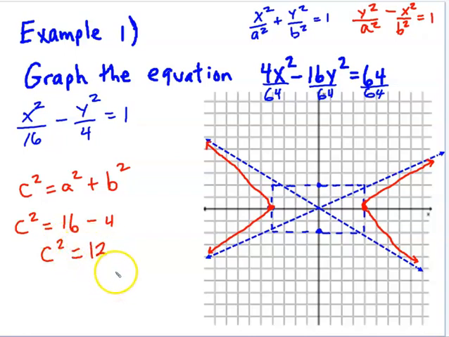And now we'll do the square root of 12 plus and minus to plot the focal points. And to the nearest tenth, that is 3.5. Okay, so remember what we talked about when we dealt with a parabola, just one of these, the foci always goes inside the mouth. Well, that's going to be true for hyperbolas. It's just that we have two parabolas, and so we have two foci to plot.